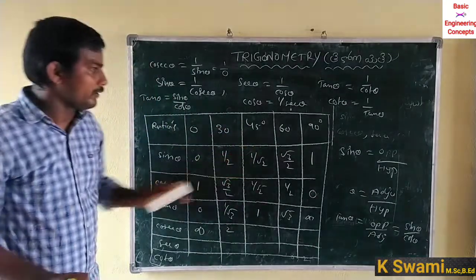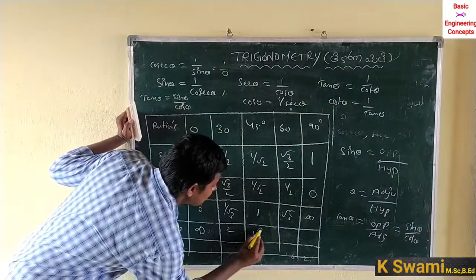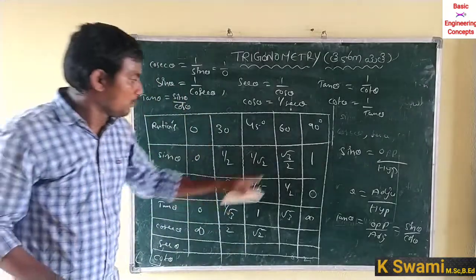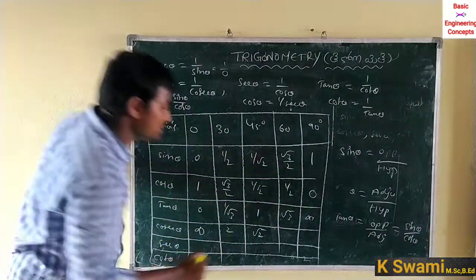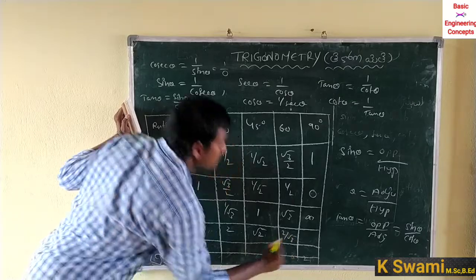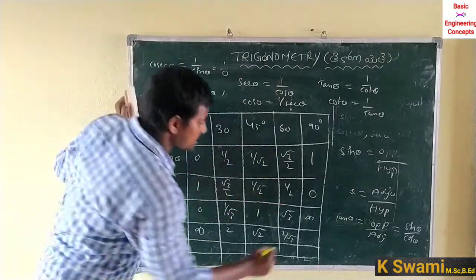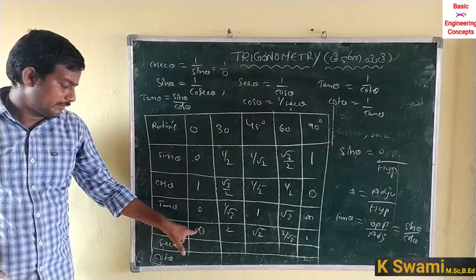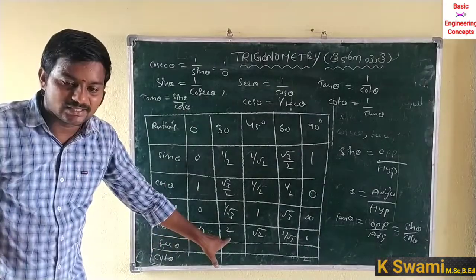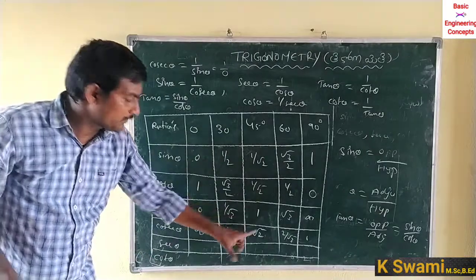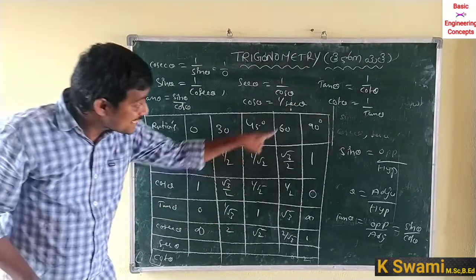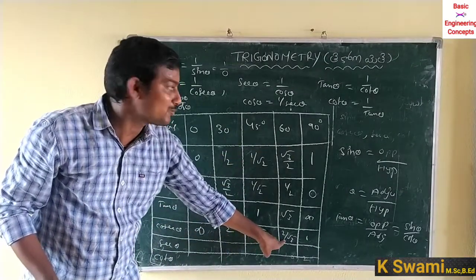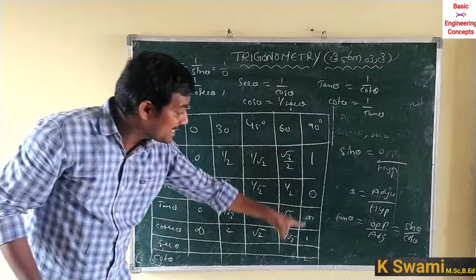And 1 by 1 by root 2 is equal to root 2. And 1 by root 3 by 2 is equal to 2 by root 3. And 1 by 1 is equal to 1. So finally, cosecant 0 is undefined, cosecant 30 degrees is equal to 2, cosecant 45 degrees is equal to root 2, cosecant 60 degrees is equal to 2 by root 3, and cosecant 90 degrees is equal to 1.